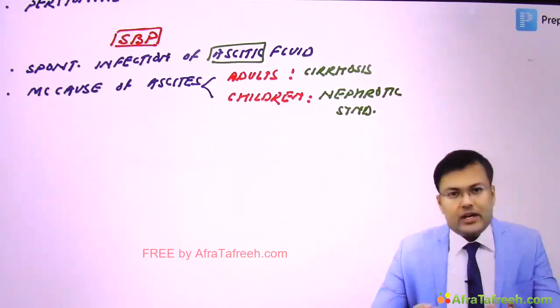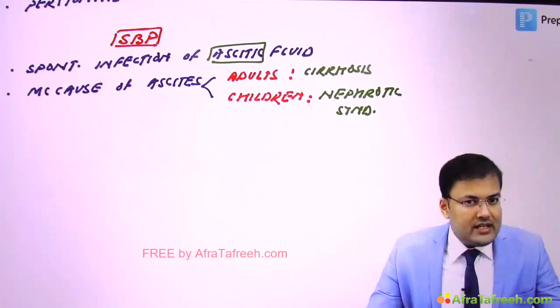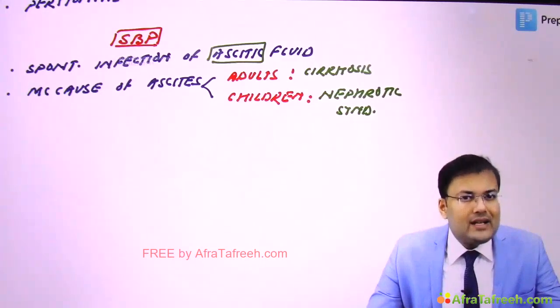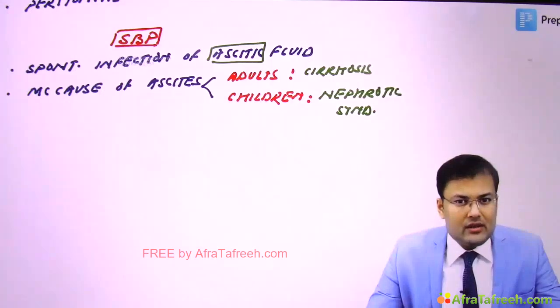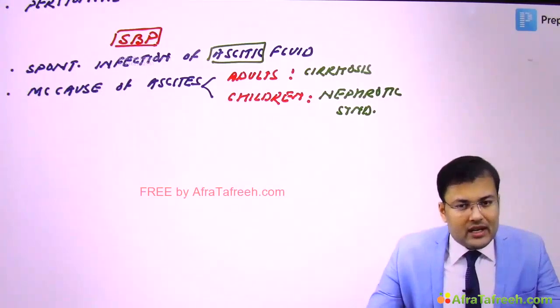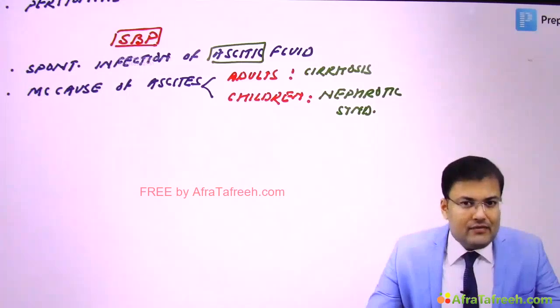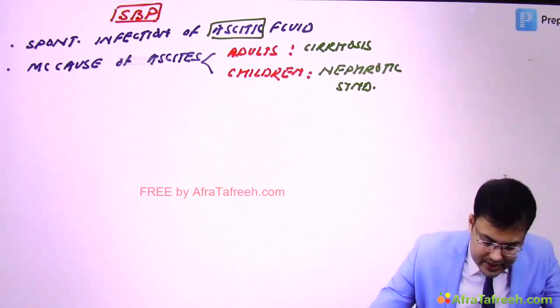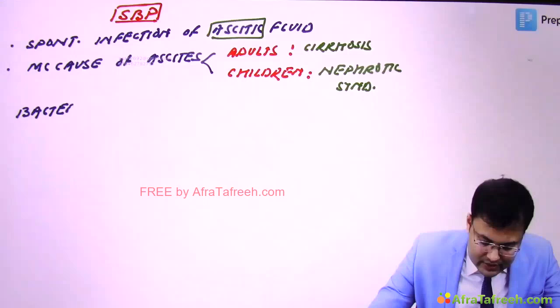Now see how the organism reaches the ascitic fluid. In spontaneous bacterial peritonitis there is bacterial translocation. You know that bacteria are in the gut. From the gut, bacteria go to the mesenteric lymph node, and from the mesenteric lymph node they reach the ascitic fluid.